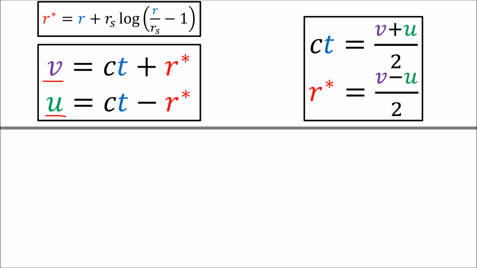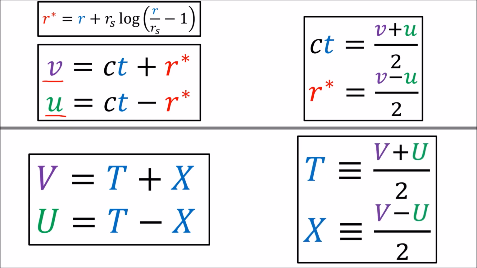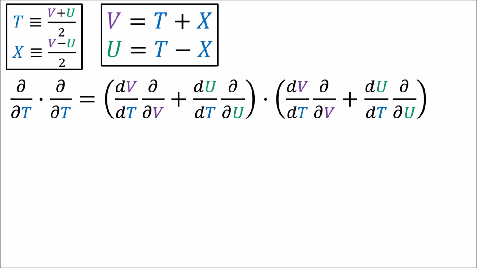So to turn the light-like big V and big U coordinates back into time and space coordinates, we can use a similar relationship, writing them as additions or subtractions of a time coordinate big T and a space coordinate big X. We can once again compute the metric components by expanding the basis vectors using multivariable chain rule.